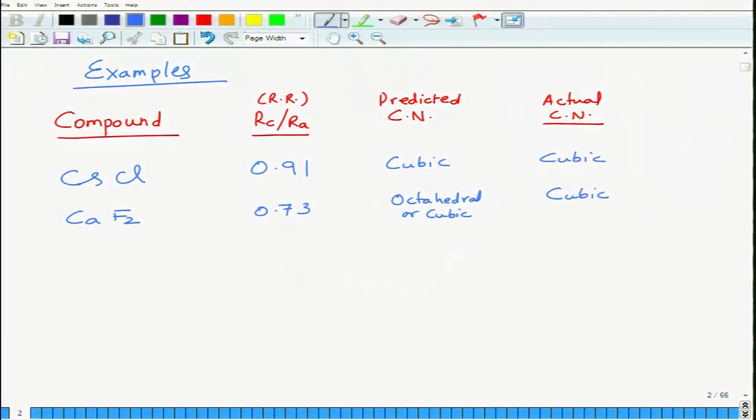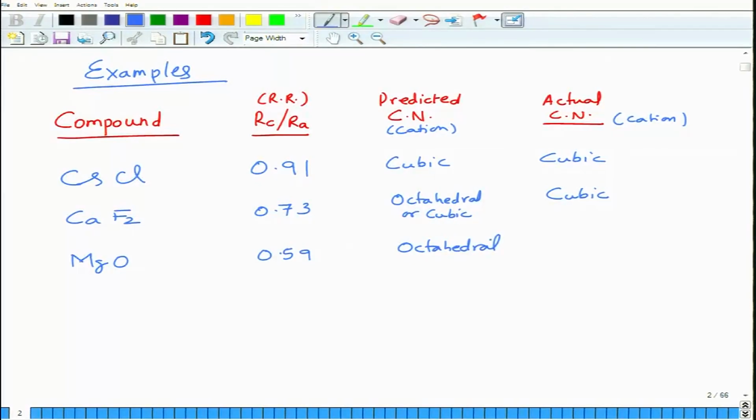Okay. So, when we talk about coordination number, we generally talk about coordination number of the cation. Anion is determined accordingly. Then we look at MgO, the radius ratio is 0.59, as a result you should have octahedral.